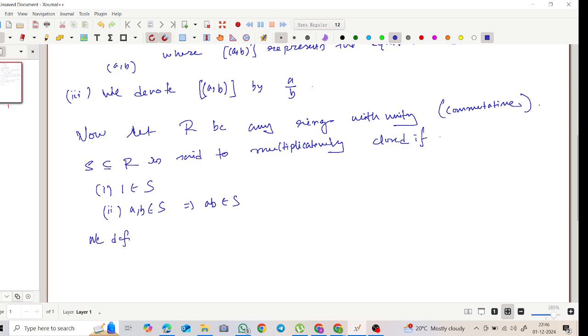We define S inverse R as the following. R cross S modulo something, where this is defined as follows.